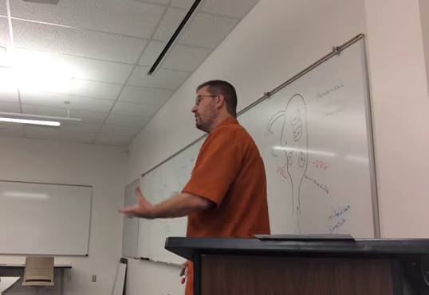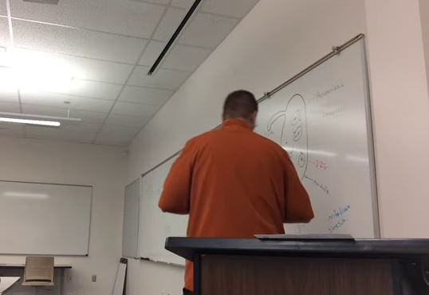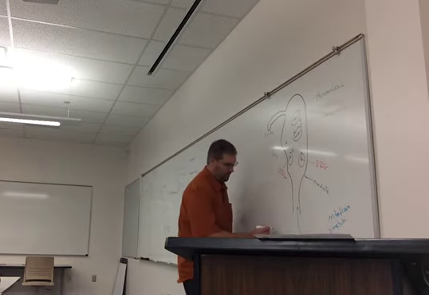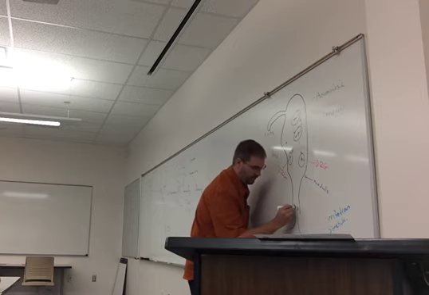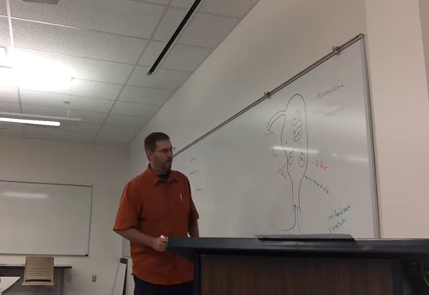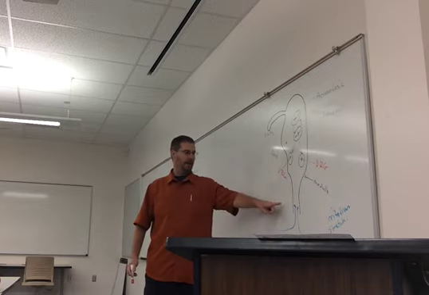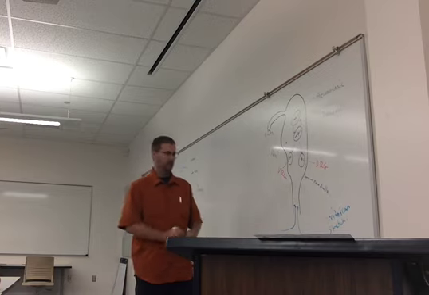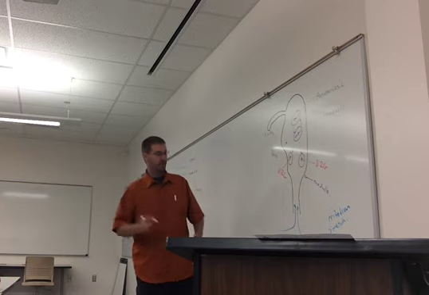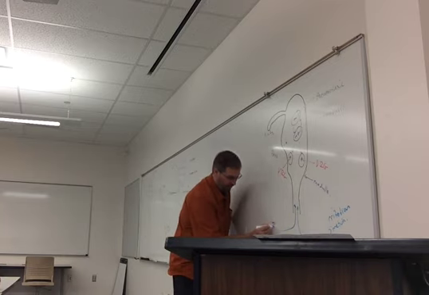You have chemoreceptors that are located peripherally, okay? So peripheral chemoreceptors, and when I say peripheral, I mean peripheral to the brain, are located in the aortic arch, I believe, is one major area.